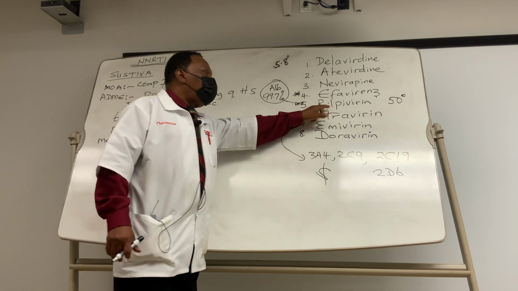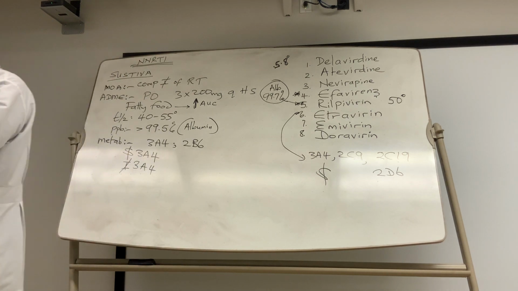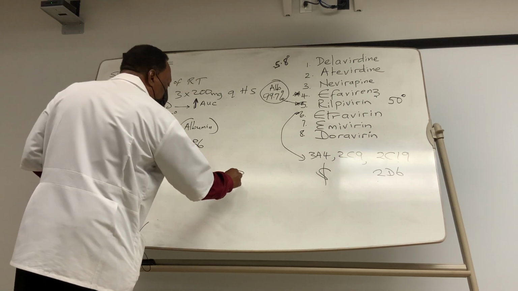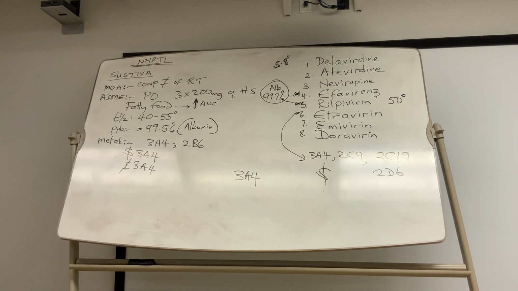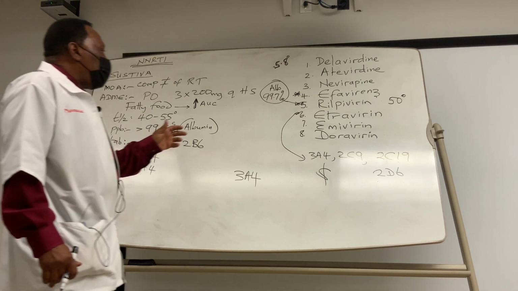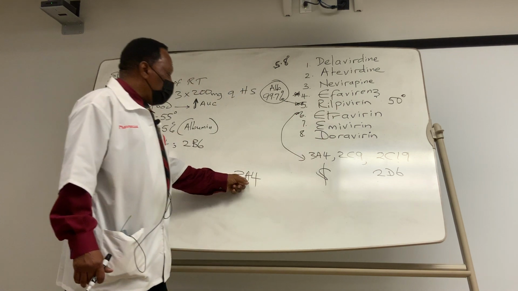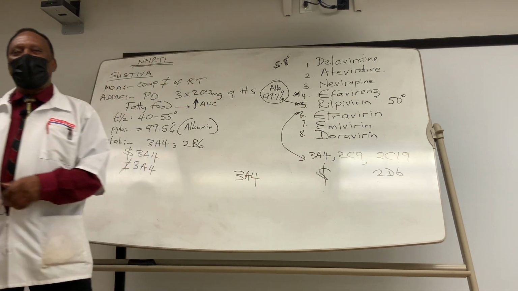And you look at rilpivirine. Rilpivirine is mostly biotransformed by 3A4. So rilpivirine is a substrate for 3A4, and so it is mostly metabolized by 3A4.